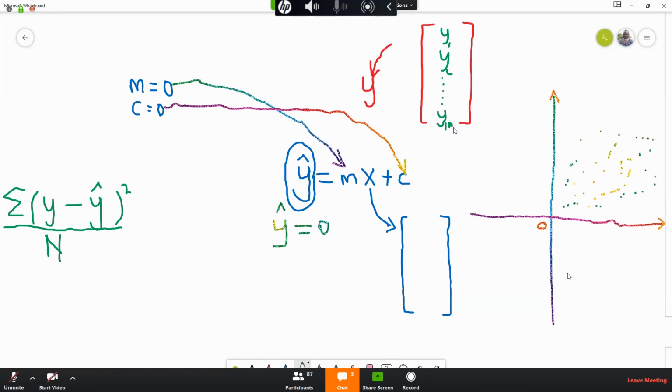So we will take y1, in iteration 1, minus 0, y2 minus 0, y3 minus 0.